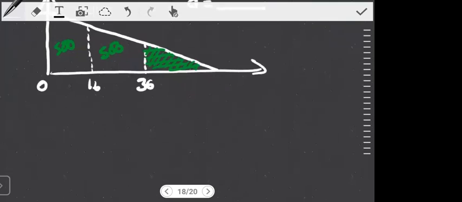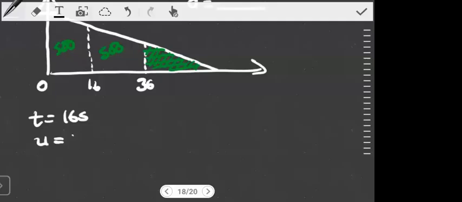Well, I know what the time is in the first 16 seconds. That's 16 seconds. I'm also interested in the starting velocity, so I'll hold on to it here. Apart from the initial velocity, we're also given what? The distance.